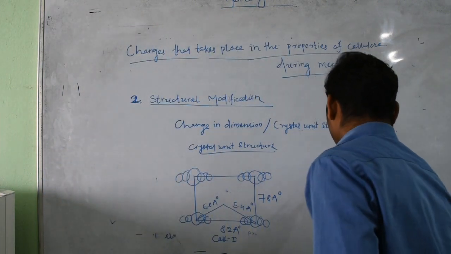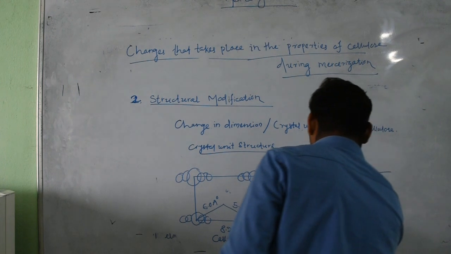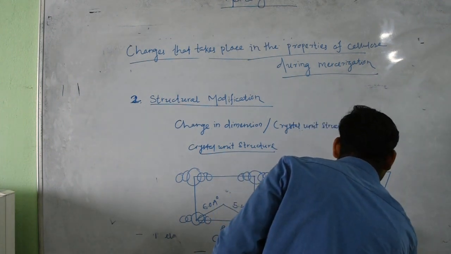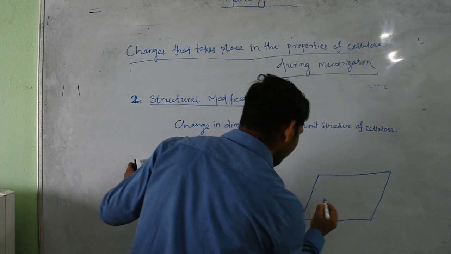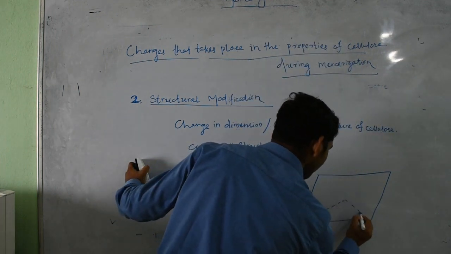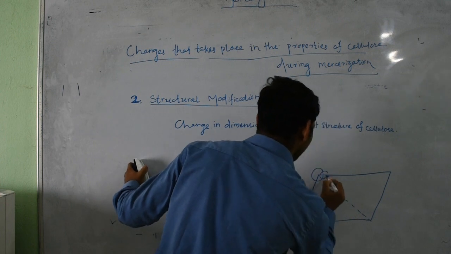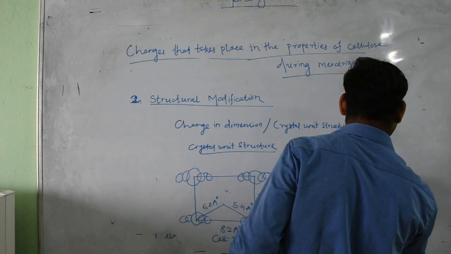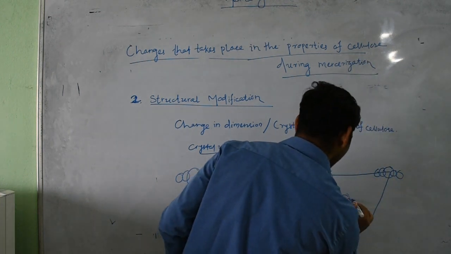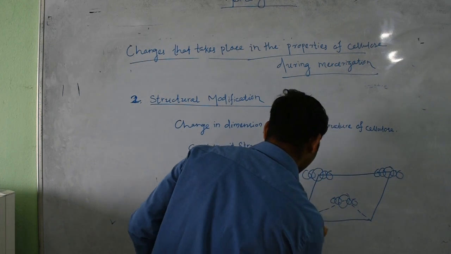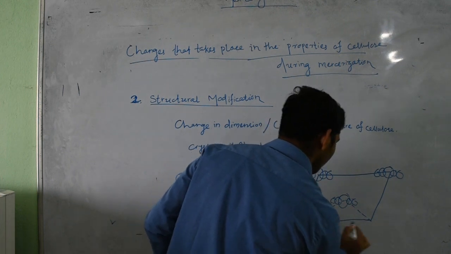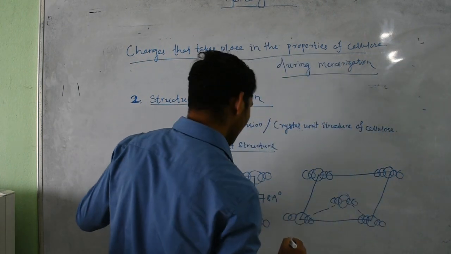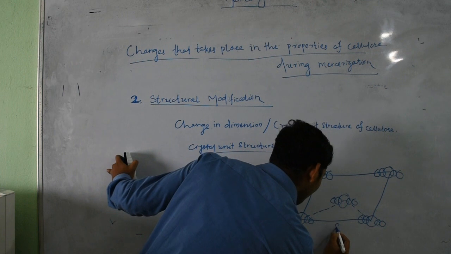And in the crystal unit structure, here you can see the changes that actually takes place from cellulose 1 to cellulose second. Now you can clearly see the changes of dimensions.